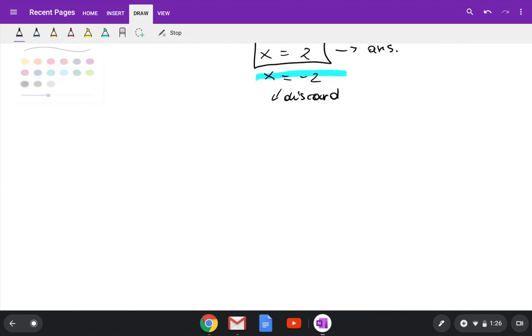Next, a couple more. Let's build a little more on what we know already. Number 99. Log base 3 of 243 equals 2x plus 1.